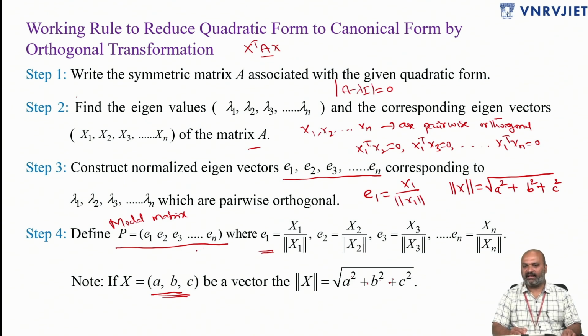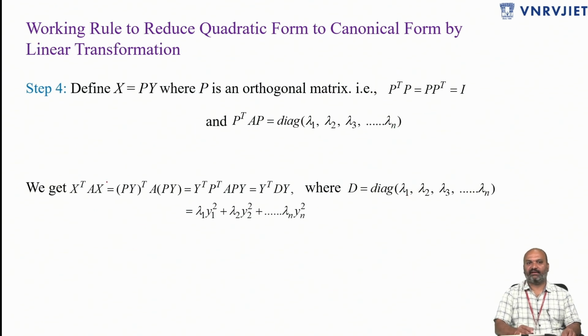You can take En minus 1 and so on, or E2, E3, E1, like that. That's your wish. E1, E2, E3, and so on, En are the normalized eigenvectors. Writing these as the columns of the matrix, we construct the matrix called the model matrix. And remember, this model matrix P is an orthogonal matrix.